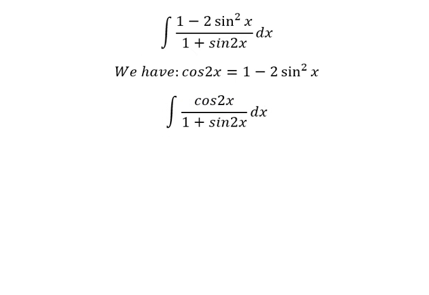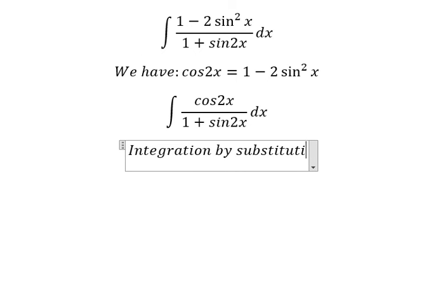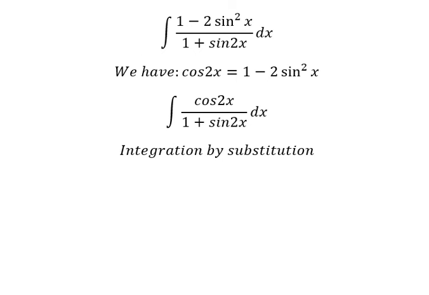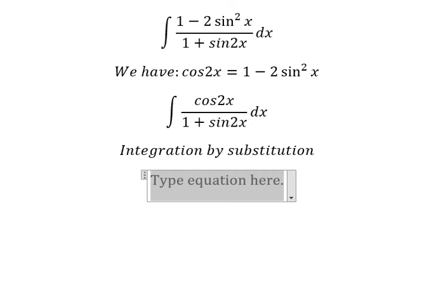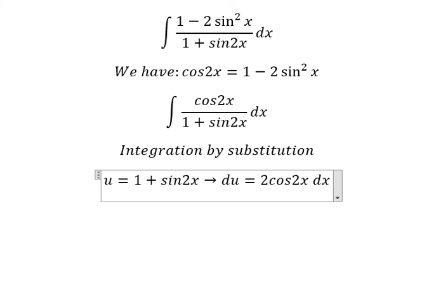Next, we need to use integration by substitution. So I will put u equal to 1 plus sine 2x. Later, we need to do the first derivative for both sides, and we have 2 cosine 2x dx.